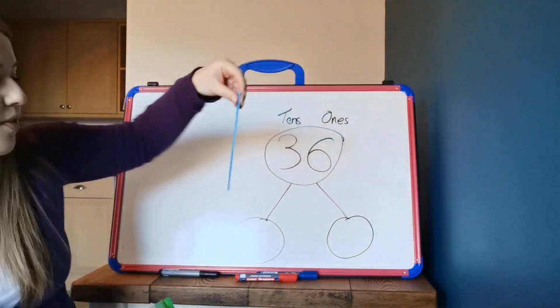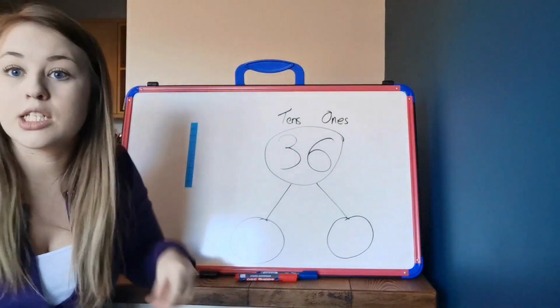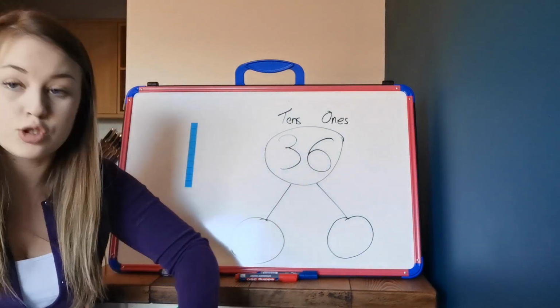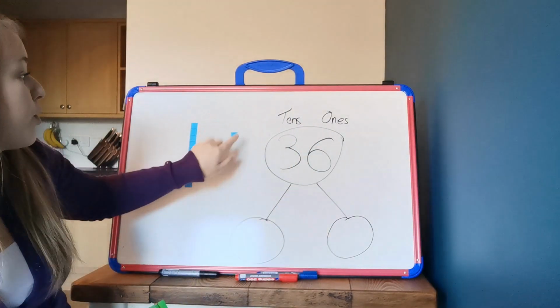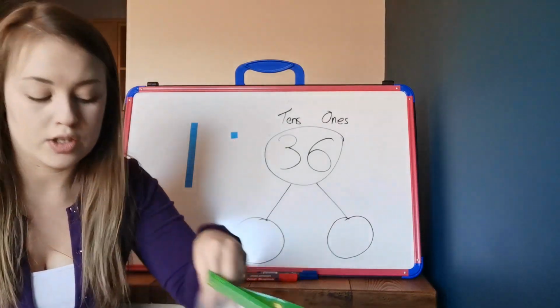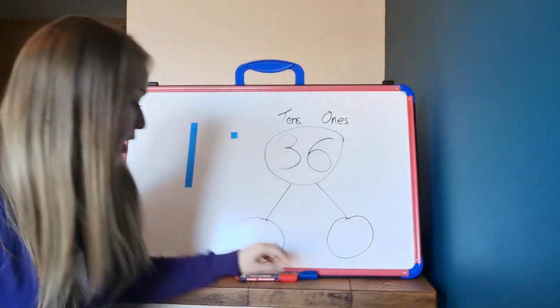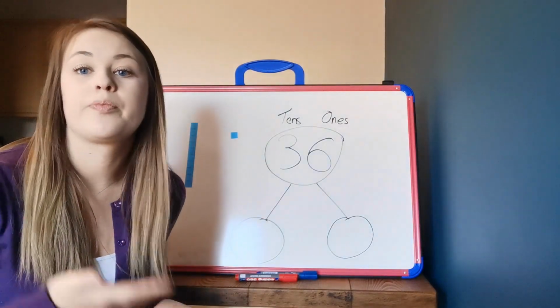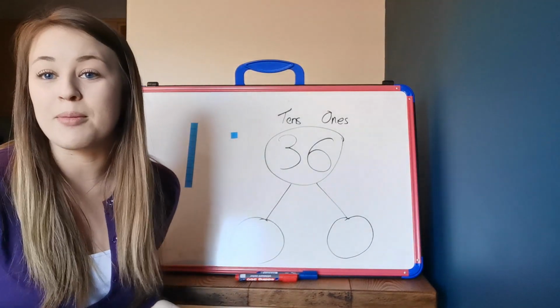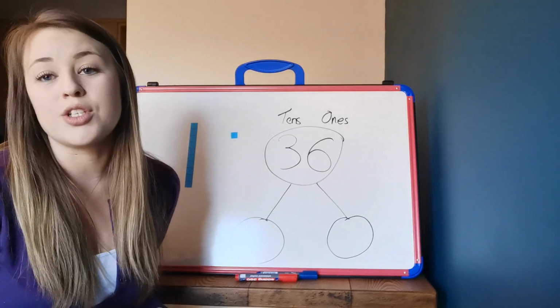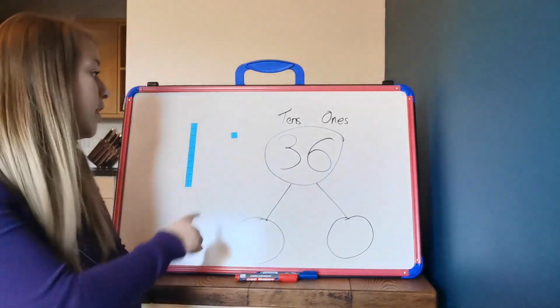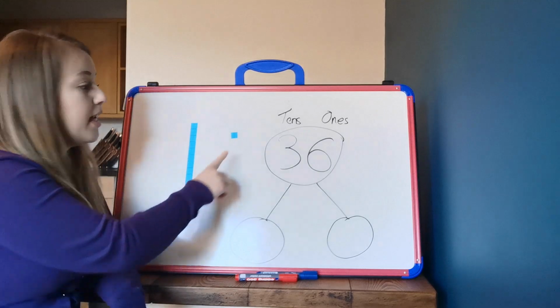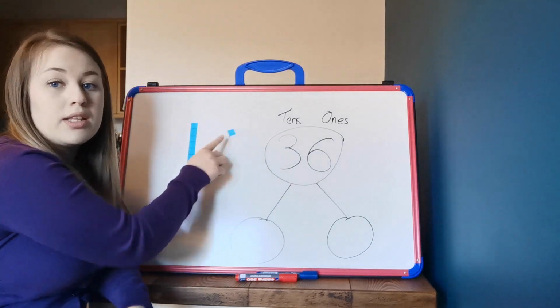Now, these are magnetic versions, but we would get the children to use the physical versions instead at school. And then you've also got the ones Dean that looks like this, just a little square. Now, obviously these aren't always available, and at home at the moment they're not going to be available to you either. So what you can do is draw them on pieces of paper, showing a block of 10 and then showing a ones block.